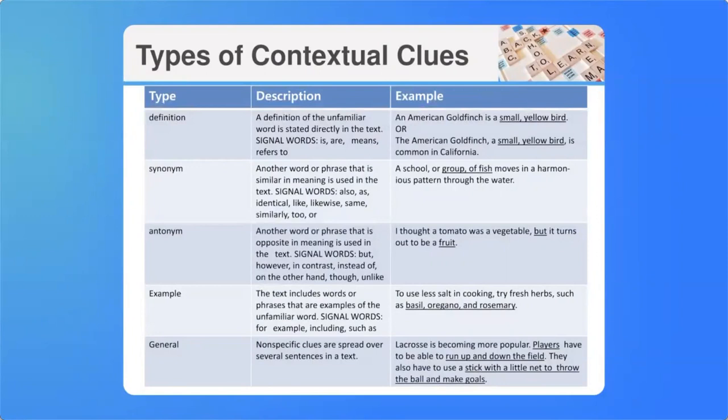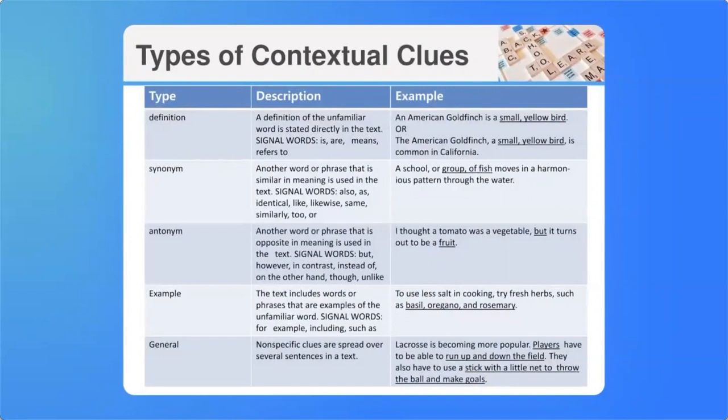A second context clue is a synonym. And as you know, that's just a word that means the same as another word. And our tip-off, a lot of times they'll have or, but they could have also, as, identical, like, likewise, same, similarly, to. But or is the most common.